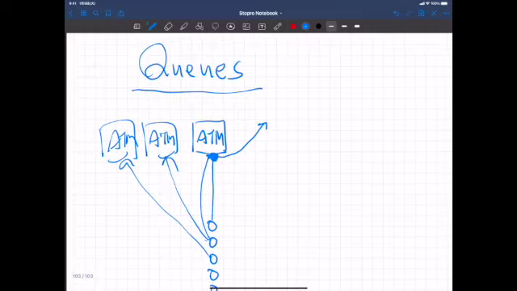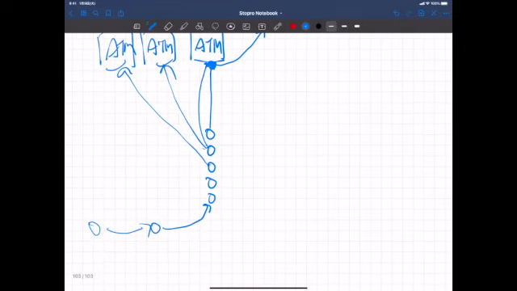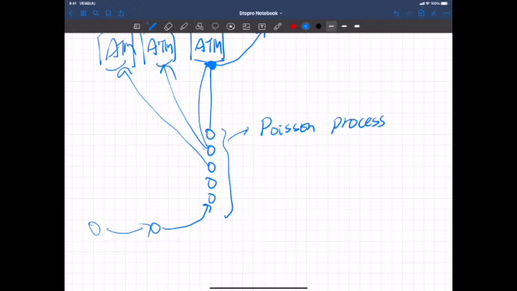When modeling this queue, we model the number of customers in a queue by the Poisson process. So the probability that there are n customers in the queue, which includes the customer being served at the server, in this case the ATM, is modeled by the Poisson distribution, which we have learned before.